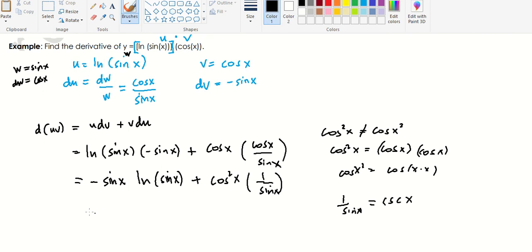Kaya, our final answer will be negative sine x ln sine x plus cosine squared x cosecant x. Okay? So, akalain yun.